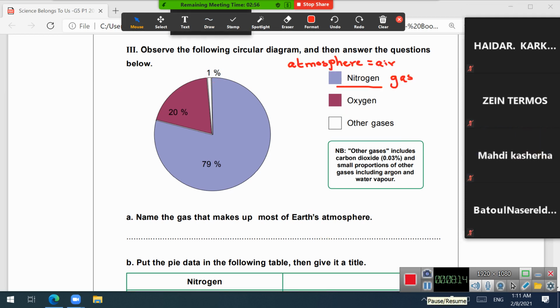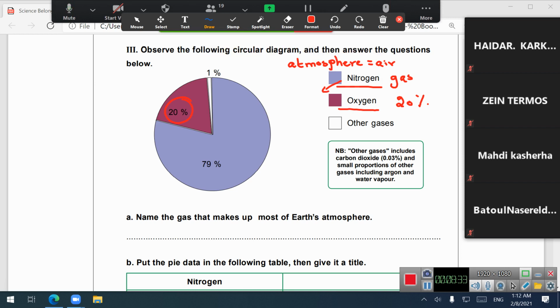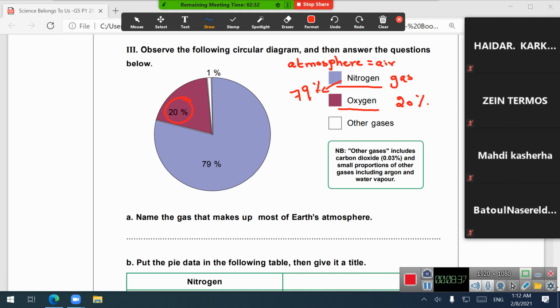So the oxygen gas constitutes about 20% of the Earth's atmosphere, while nitrogen gas makes up about 78 or 79%.